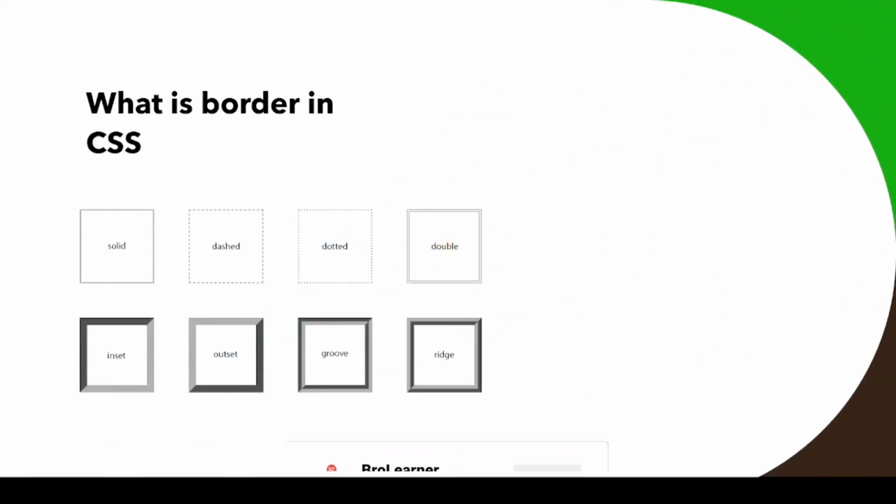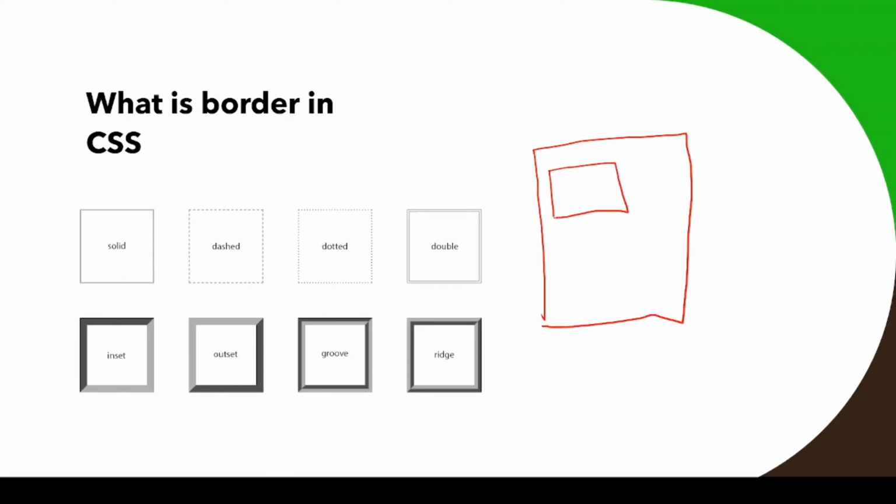First of all, what is border? A border is a type of shape you can see on this screen. If we define a border of a tag, for example, if I have this page and here I have a tag, for example div, then the size of the div is increased.